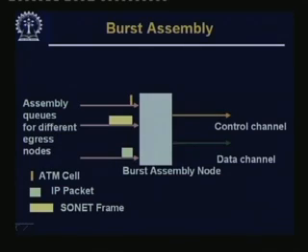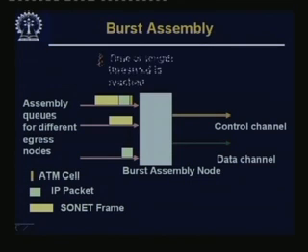So, maybe we use this ATM cell for the control packet purpose. We make a control packet which assembles a burst, and as it assembles a burst, it knows when the time or length threshold is reached. So, it knows the length of the burst.